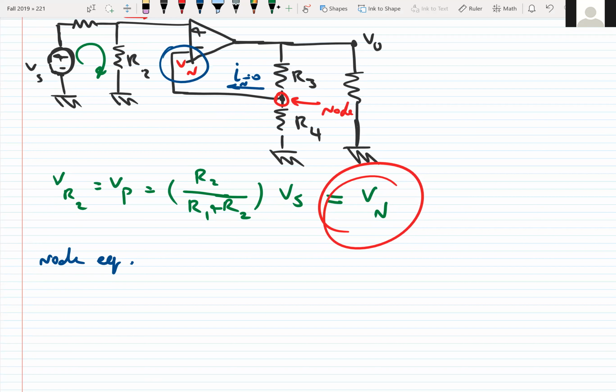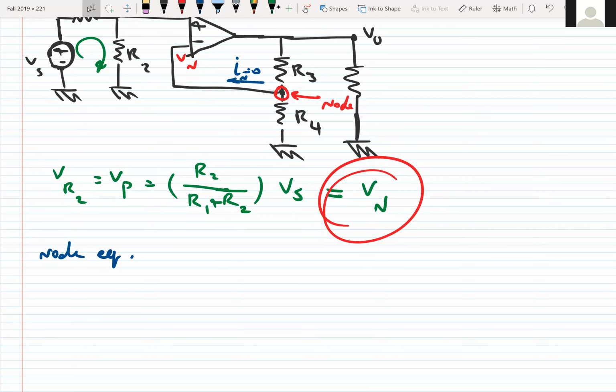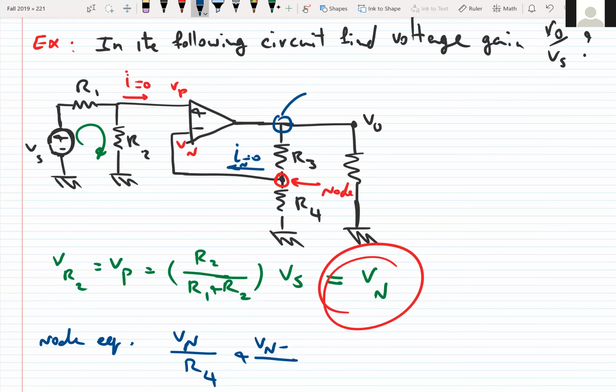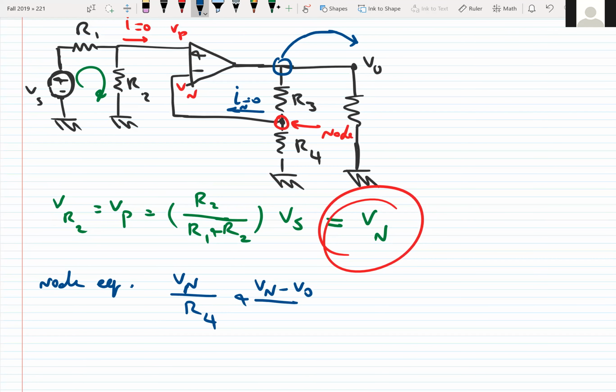So we can call it Vn. So we can say Vn minus 0 over R4 plus Vn minus, what is the voltage on top of R3? Of course, it is Vo. Vn minus Vo over R3 is equal to 0.